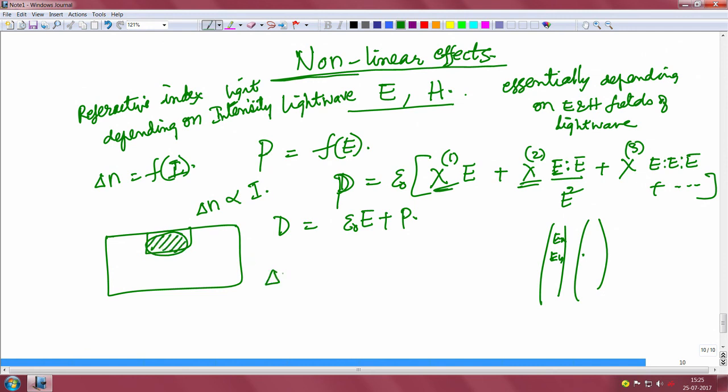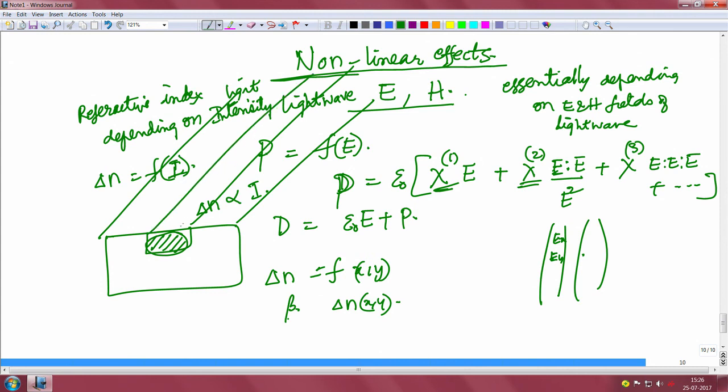So, the refractive index is also a function of x comma y. So, this is resulting in a graded index waveguide, and the mode spot is modified, including its propagation constant. Propagation constant for the graded index refractive index is different, and so continuously the propagation constant is being modified as the light propagates along the waveguide.